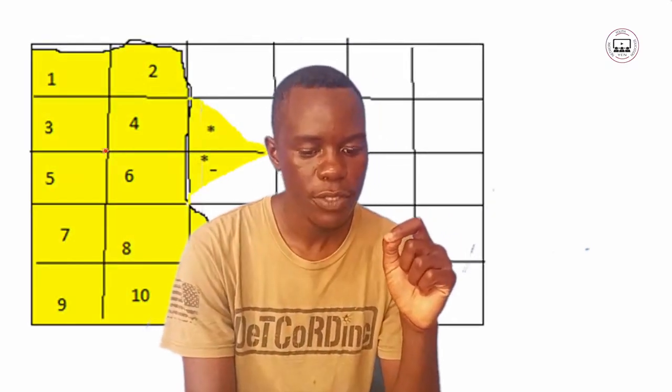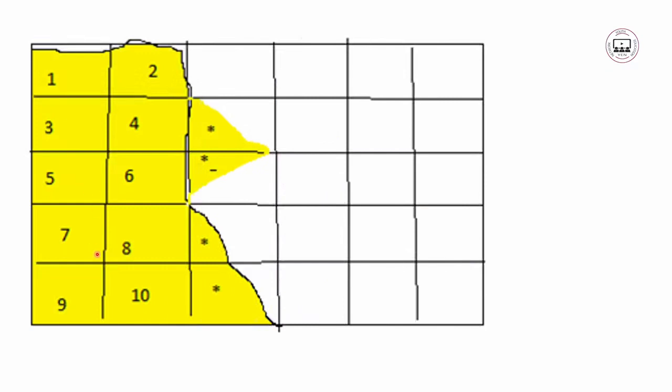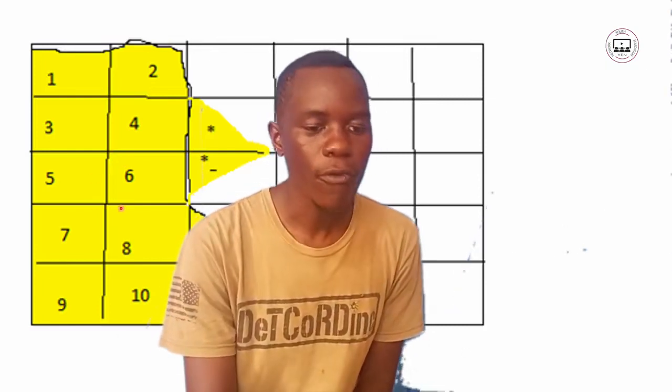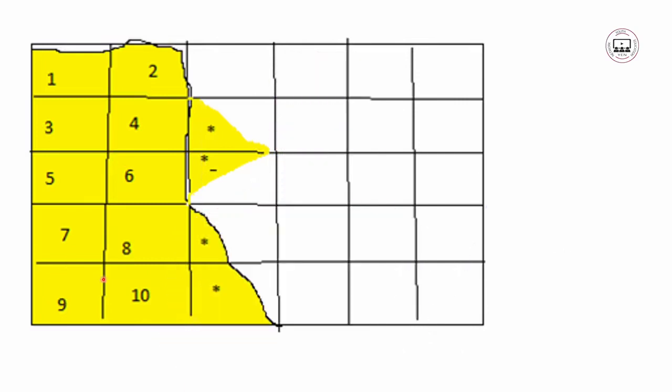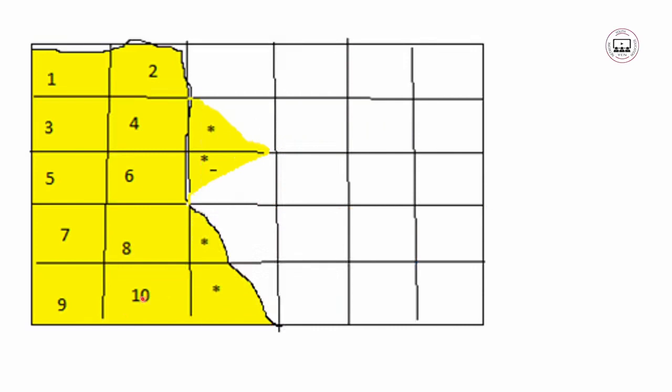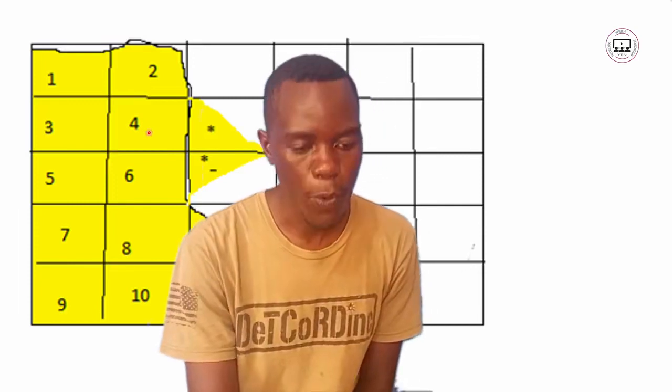For example, you have this map in yellow, and the question asks you to calculate the area of the map. The first step is to count the number of full boxes. So let's see, how many full boxes do we have here? We can count 1, 2, 3, 4, 5, 6, 7, 8. You have 8 full boxes.